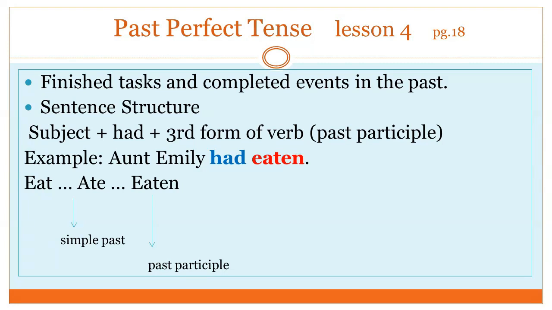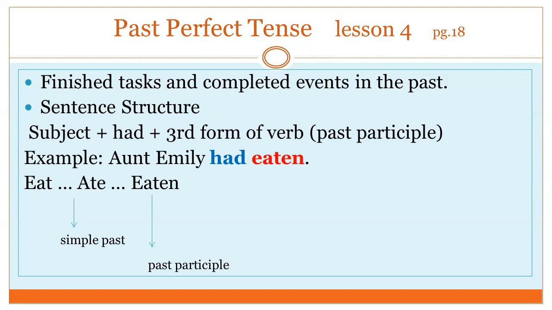Look at the example. Aunt Emily had eaten. The word had, highlighted in blue color, is the auxiliary verb for past perfect tense. And eaten, third form of verb, eat, that is past participle.